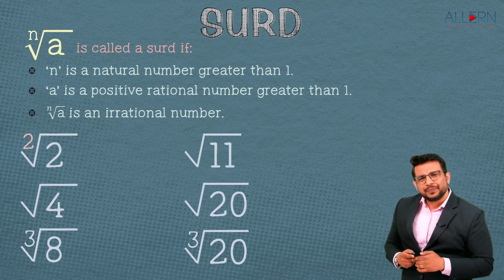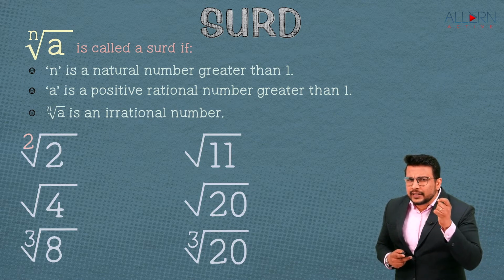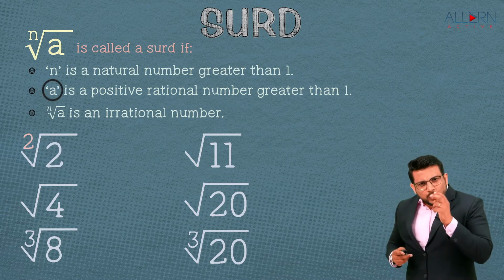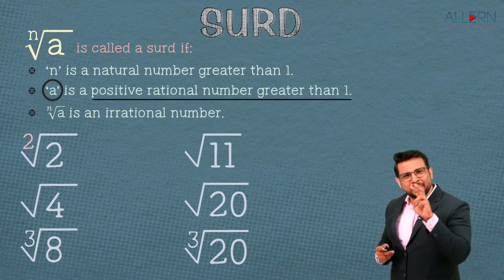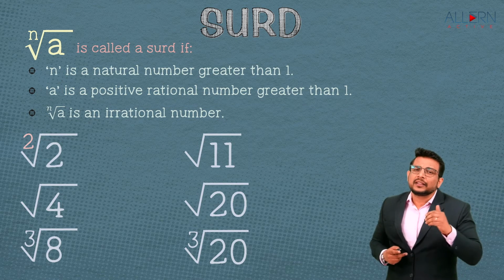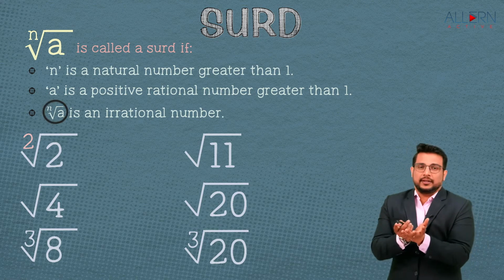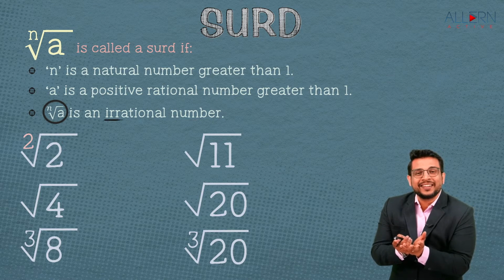Second condition, we are talking about the radicand. What is the radicand here? It is nothing but 2. That 2 is a positive rational number greater than 1. Yes, the second condition is satisfied. The third condition: nth root of a, that means the entire expression, which is square root of 2, has to be irrational.